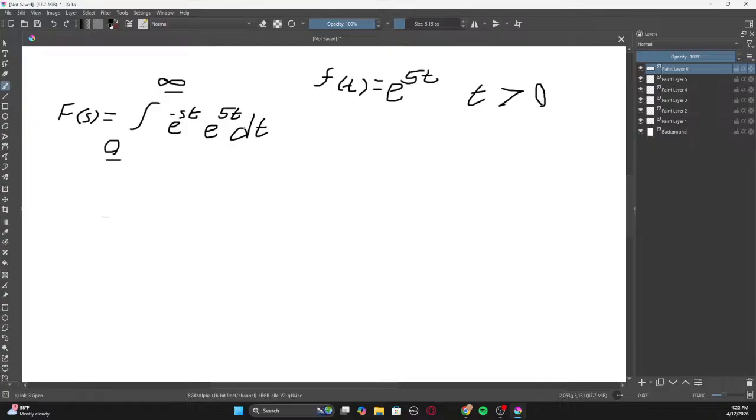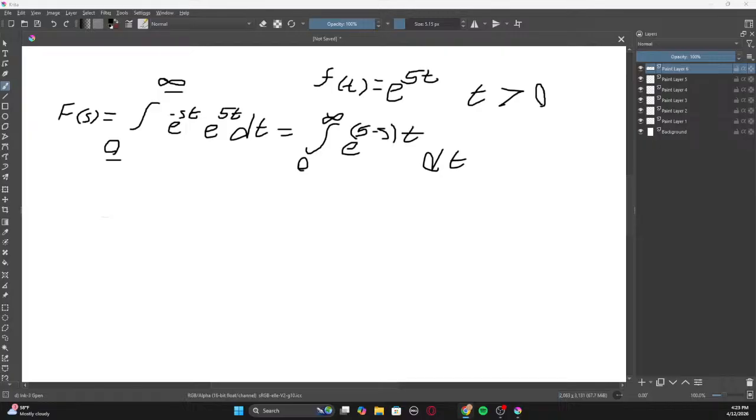So with this, essentially this is equal to the integral from 0 to infinity of e to the 5 minus s t dt. Got to remember to have the differential there. So specifically this program that we're doing, which I believe is MyOpenMath, connecting into our specific school's proprietary software, you press 00 and it'll give you infinity.